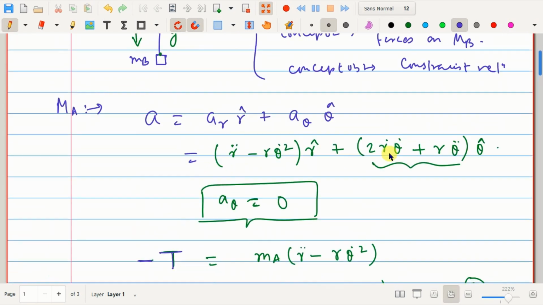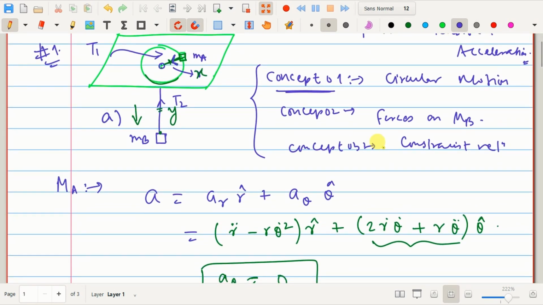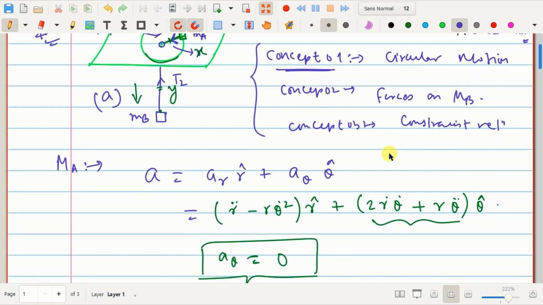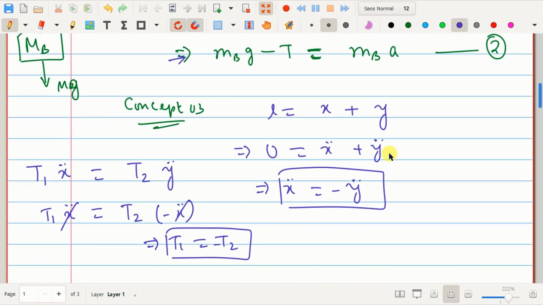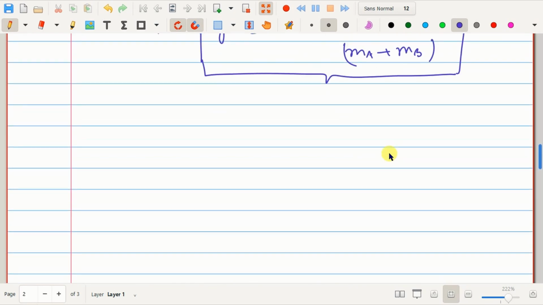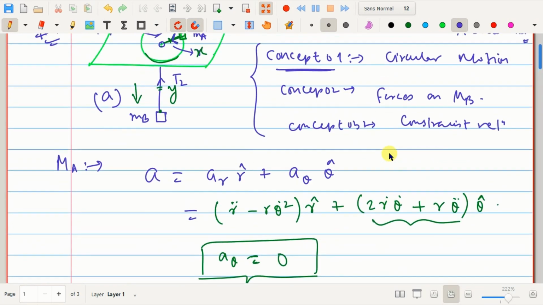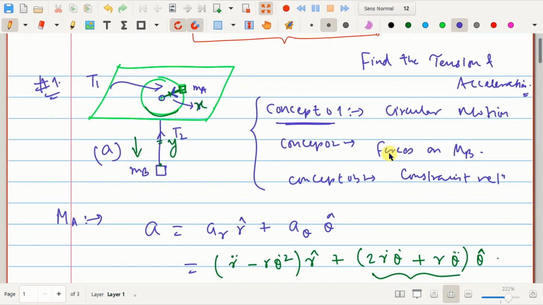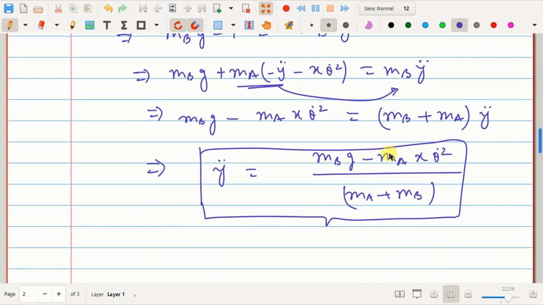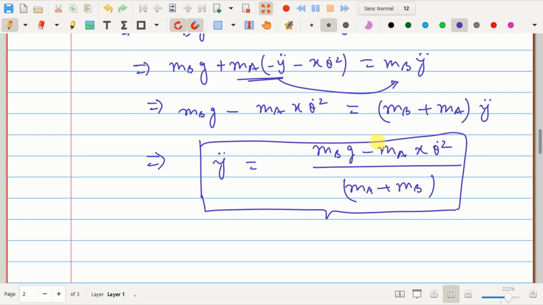Now if we know the vertical acceleration, from the constant relation, this a is equal to minus of x double dot. So using this we can easily find the acceleration which mA will experience, but they are equal and opposite. This is the complete situation here, and we can find the tension for this force.